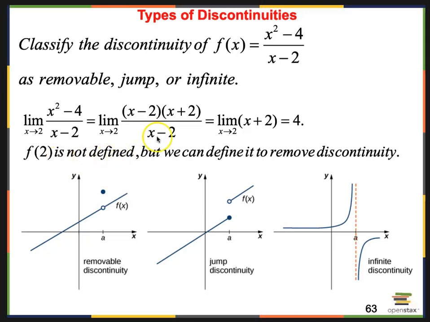Because x can't equal 2. So we can define it and remove the discontinuity. So that's where we get that removable discontinuity, because it actually goes away there. The limit does exist. However, the function value there is not equal to that limit value. So we do have a removable discontinuity.